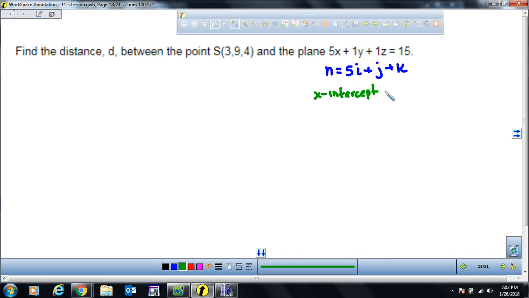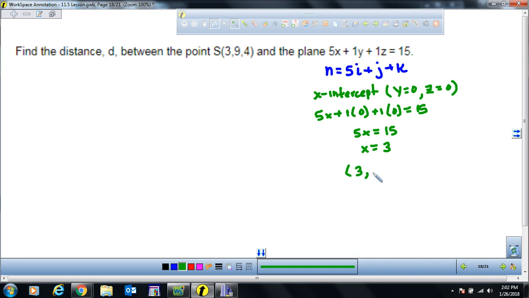Okay? And for the x-intercept, I need to let the y be 0, and I need to let the z be 0. So 5x plus 1 times 0 plus 1 times 0 is equal to 15. That gives us 5x equals 15, which is x equals 3. So that gives us the point (3, 0, 0), that we're going to call point P. That's the point on the plane. Next, I need to find the vector PS.